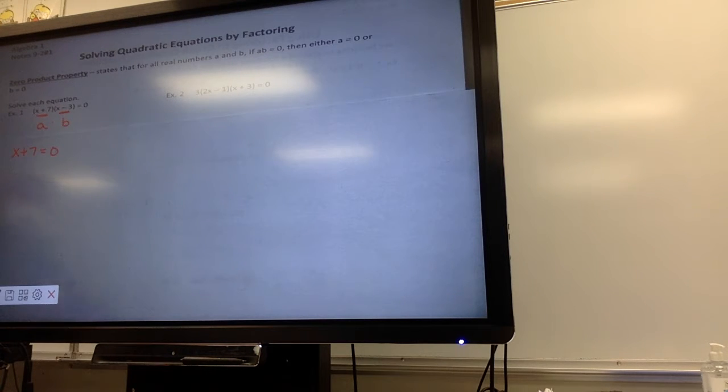Just using that zero product property, we're saying that either the x plus 7 has to equal 0, or the x minus 3 has to equal 0. One of them has to equal 0, I don't know which one, in order for their product to equal 0. If it were the x plus 7 that equaled 0, I would subtract 7 from both sides of the equation and get x equals negative 7.